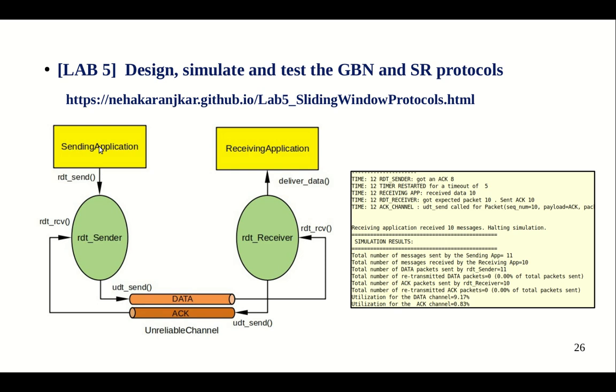So it should have this RDT send and RDT receive function. In addition, it should have some function to do some processing upon a timeout. Now similarly, RDT receiver, when does it get activated? When a data packet arrives. So that is an RDT receive function. It just has one function, straightforward.